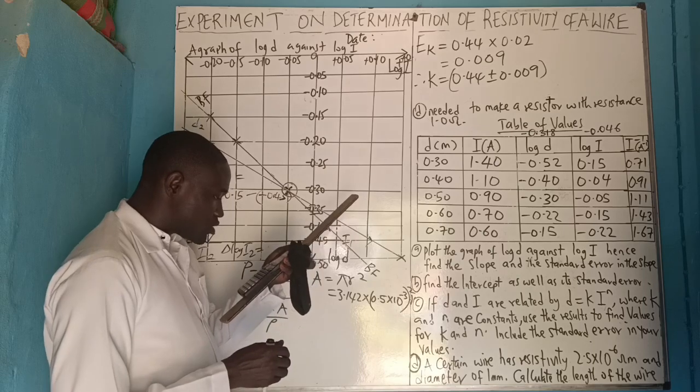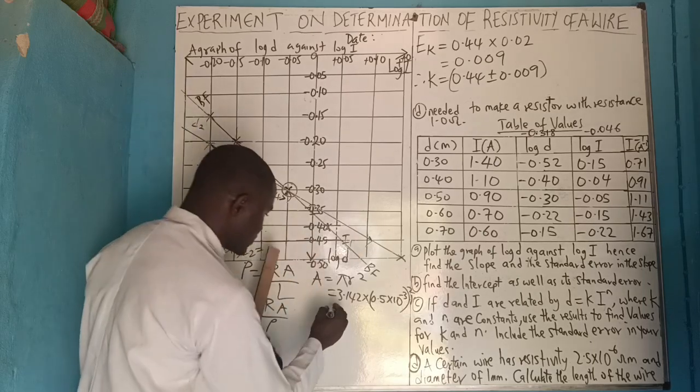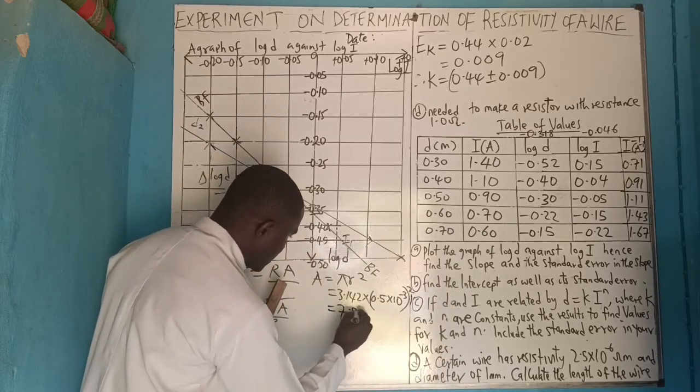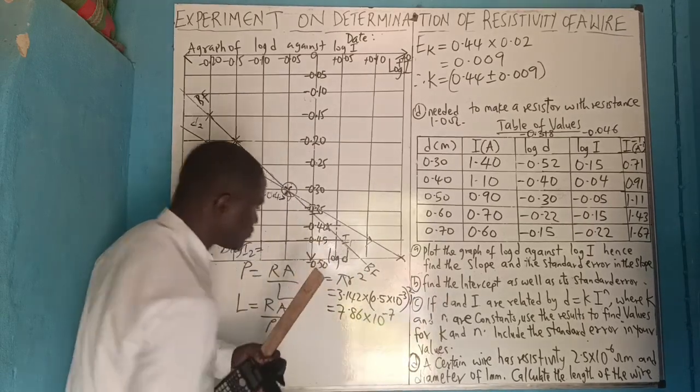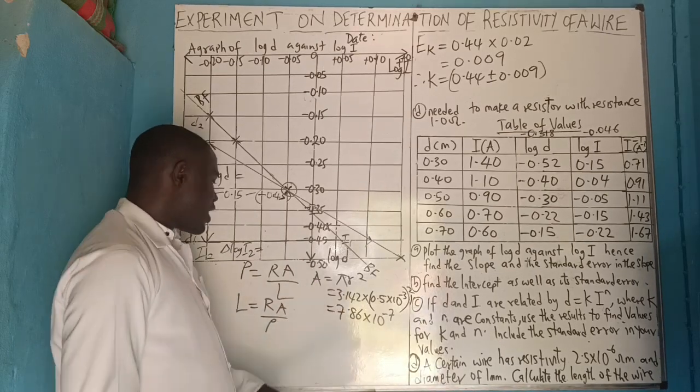That will be giving us 7.86 times 10 raised to the power of minus 7. We have gotten our A.